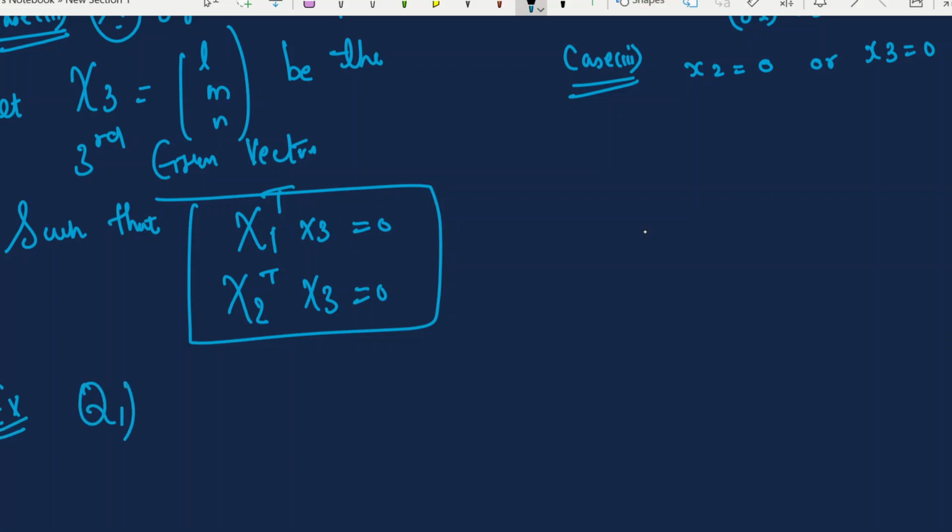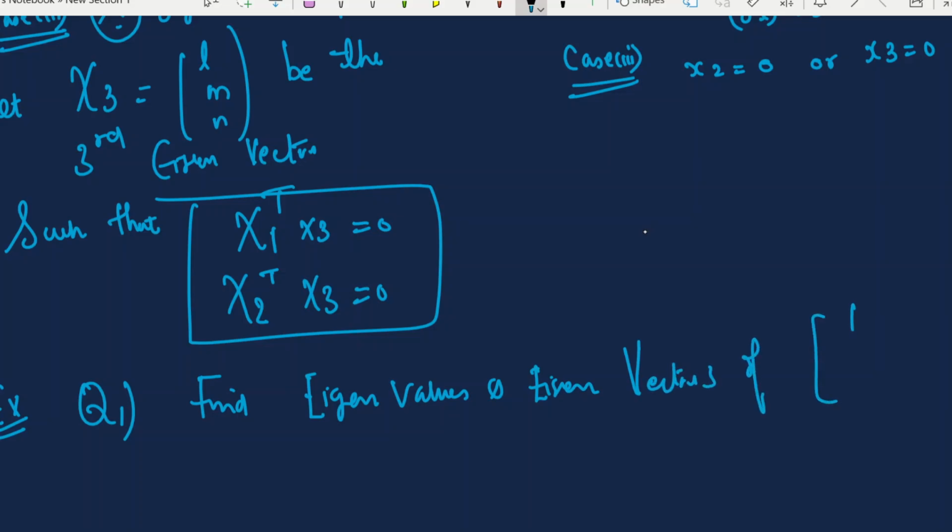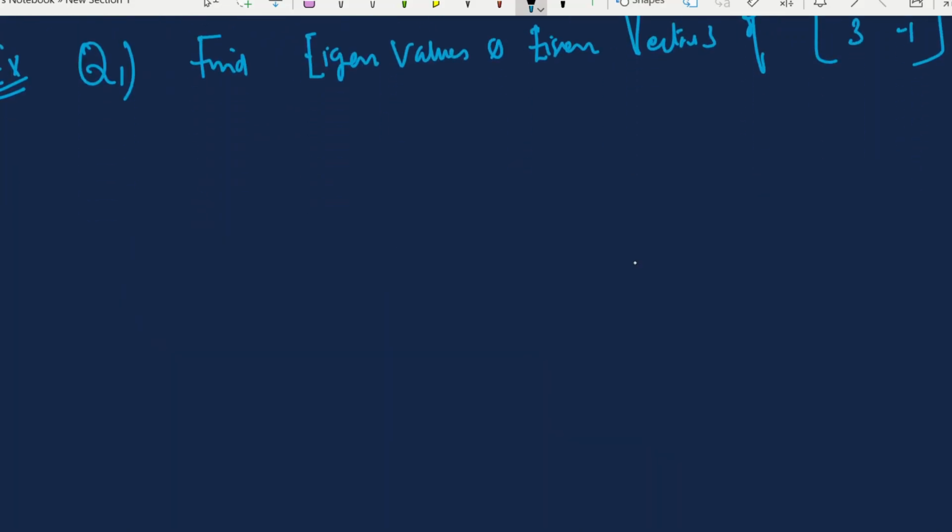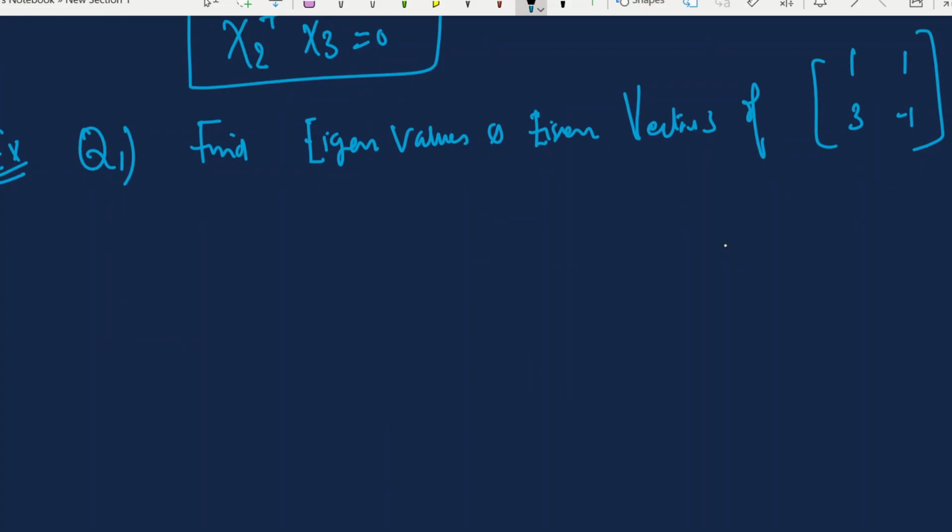Question number 1. We'll start with a 2 cross 2 matrix. Find eigenvalues and eigenvectors of [1 1; 3 -1]. So step 1, we have to find the characteristic equation or characteristic polynomial.